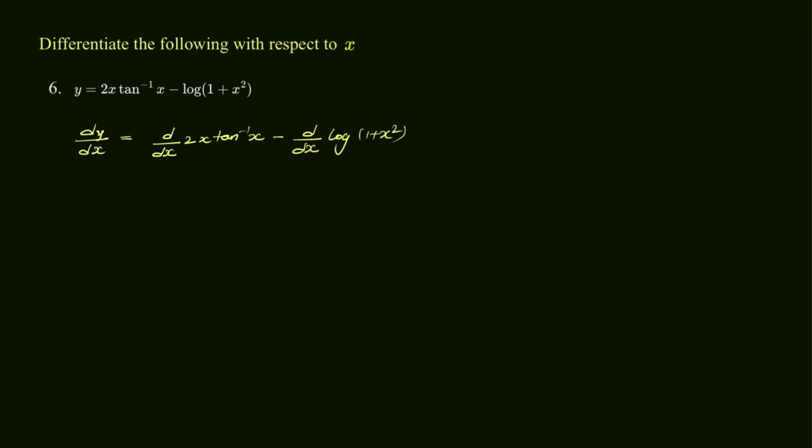So here in the first term, there are two functions getting multiplied, that is x and tan inverse x. So here we will be using the product rule. And in the second term, we have log of 1 plus x square. We will consider all of this as x.